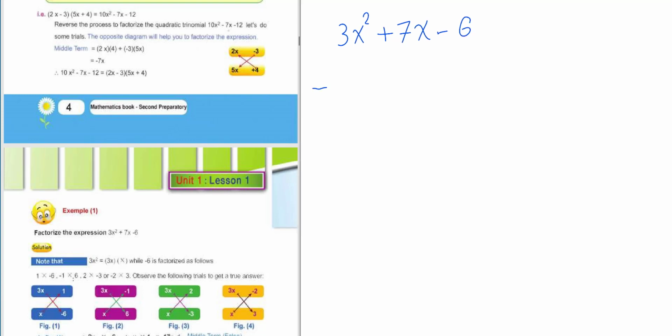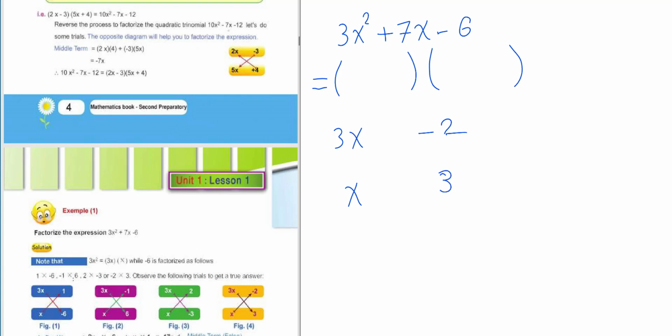To factorize this expression, also we must do some trials. 3x² is the product of 3x times x. Negative 6, the third term, is negative, so the two numbers have different signs. For example, negative 2 times 3.